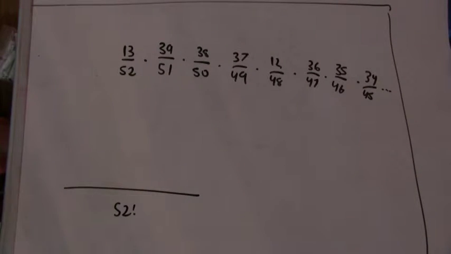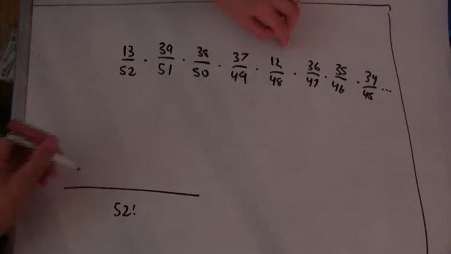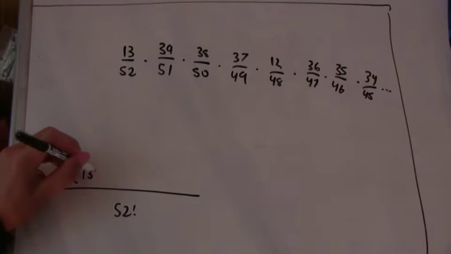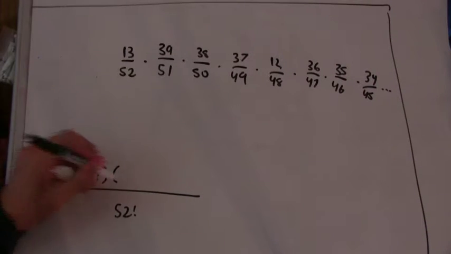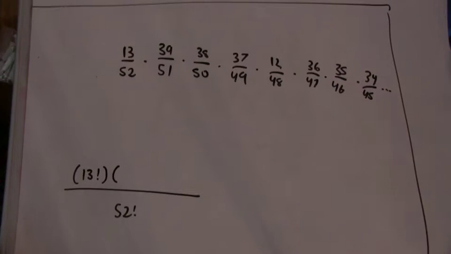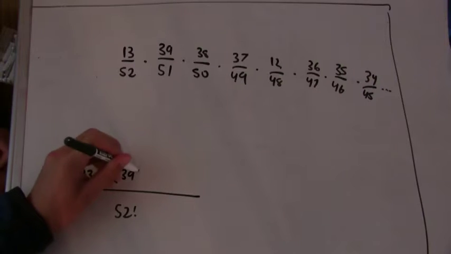Then you have 2 separate factorials on the top. It looks like you're starting with 13, 12, and you go to 11, so that's 13 factorial. And then you multiply it by 39 factorial, because 39, 38, 37, 36, 35, 34. Okay. And it could continue with that.